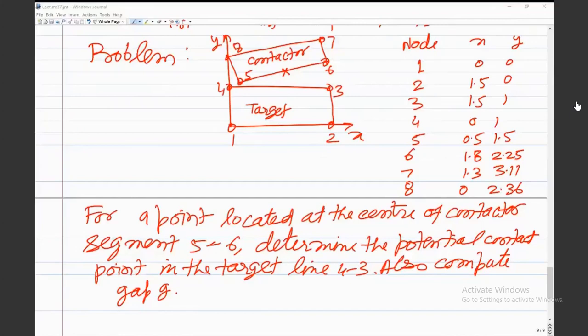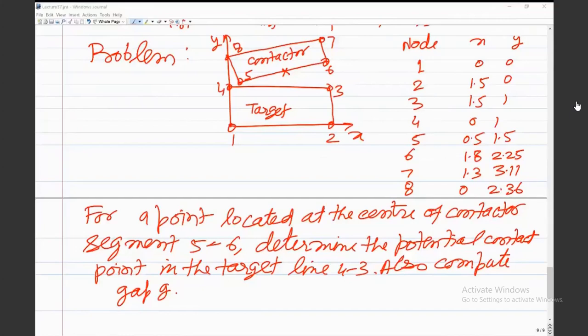Initially all the displacements of all the bodies can be taken as 0. If there is initially a gap, you can displace one body by the amount of gap, which can be given as initial displacement. Otherwise it can be taken as 0.